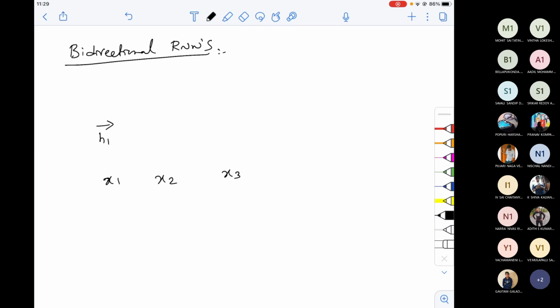From x2 I'll also have h2 forward, and from x3 I'll have h3 forward. Similarly, I will also start from the last input x3, and based on this I'll get h3 backward, and again I back propagate, it's h2 backward direction and h1 backward direction.